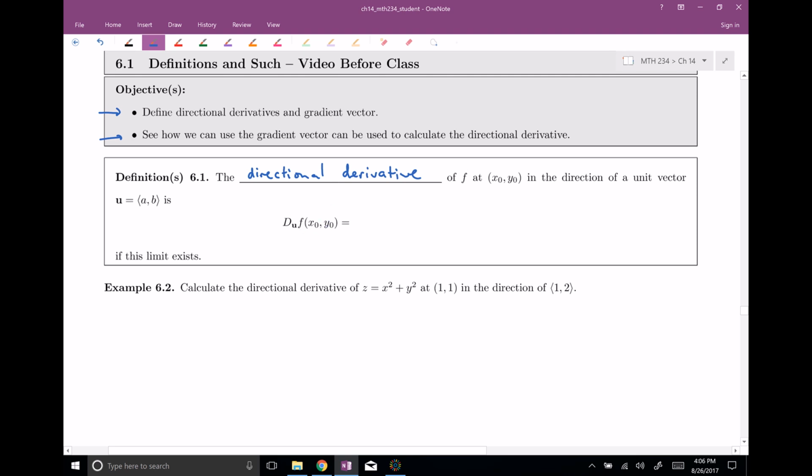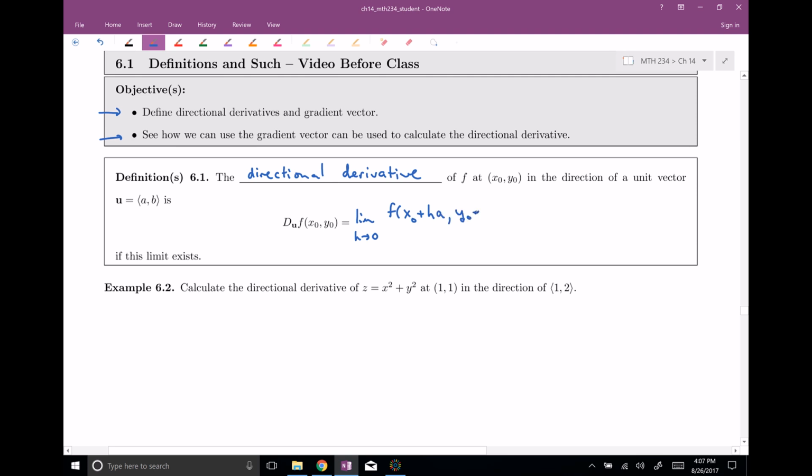This is going to be equal to the limit as some h goes to 0. And this is going to look a lot like our partial derivatives, but we're actually going to be splitting up this h. Remember, for when we just did a partial derivative with respect to x, the entire h was in that first component. So let me go ahead and start writing this out. So f of x naught plus, I'm going to split up, some of the h will go here. In fact, a of it will go here.